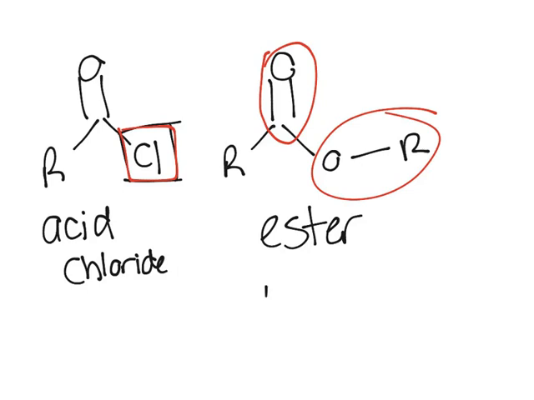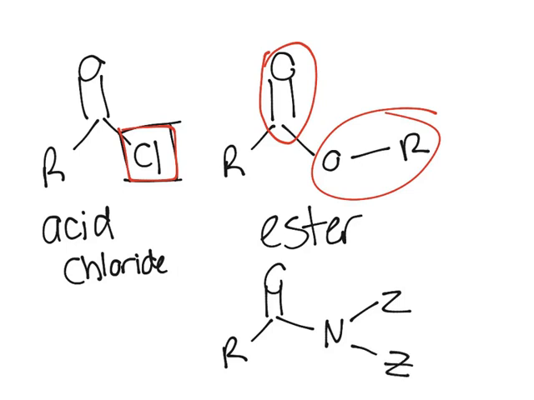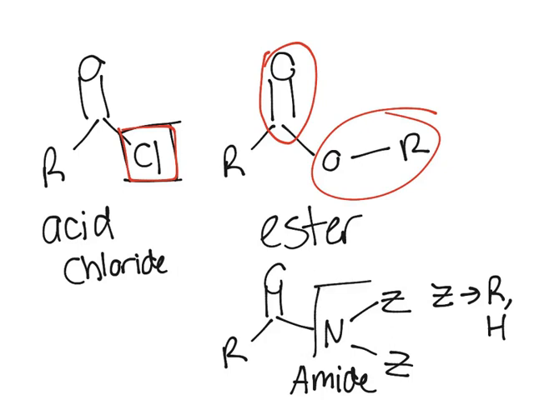And then finally, you have oxygen, R group, nitrogen, Z. Here we use Z to represent either an R, which is an alkyl group, or a hydrogen. This is called an amide. An amide has a nitrogen in it bonded to a carbonyl, and that contrasts with an amine.